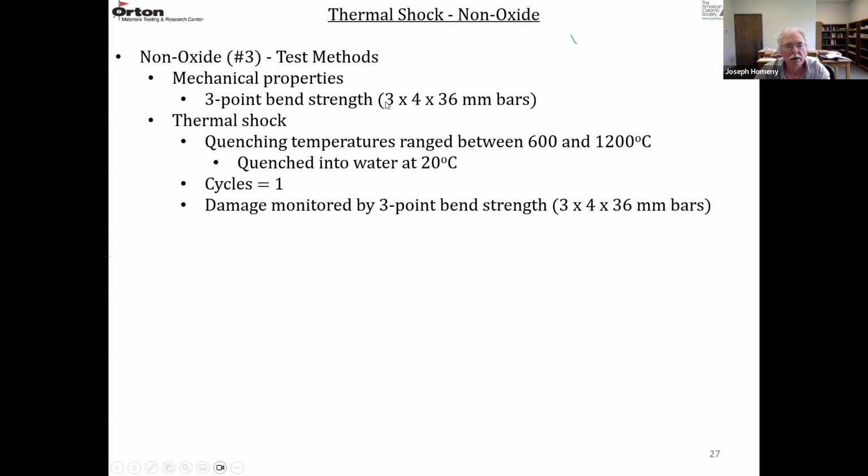So 3-point bending was used to measure the mechanical properties. 3 by 4 by 36 millimeter bars was the sample size. And the quenching temperatures were between 600 and 1200 degrees C. These were quenched in water at 20 degrees C, room temperature. Only one cycle for each sample, and then the damage again was monitored by 3-point bend strength on the 3 by 4 by 36 millimeter bars.